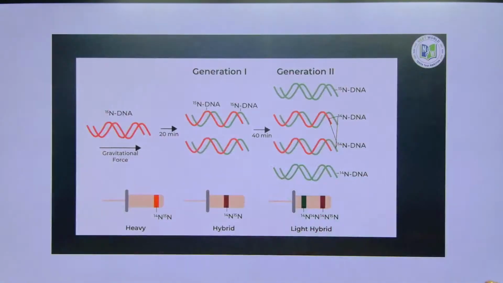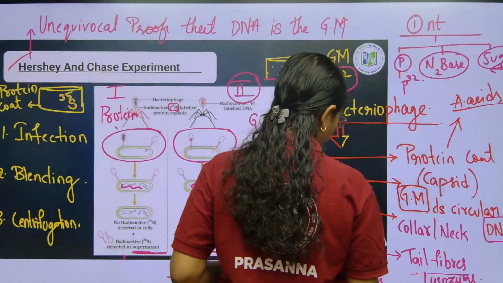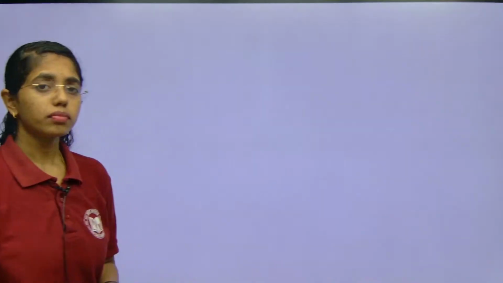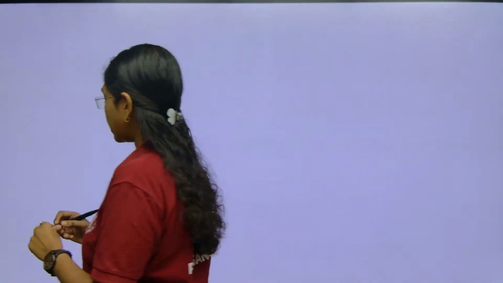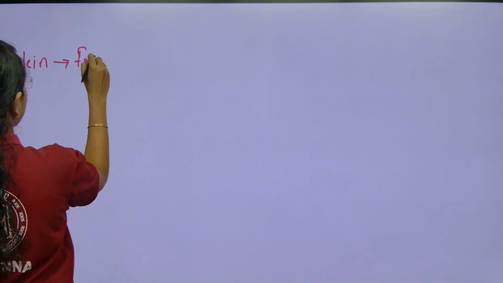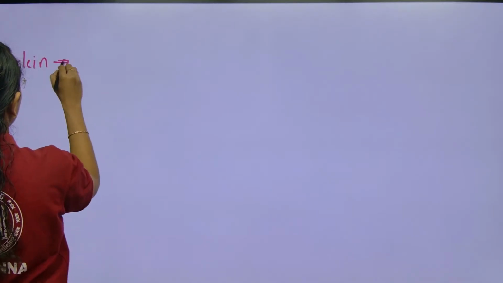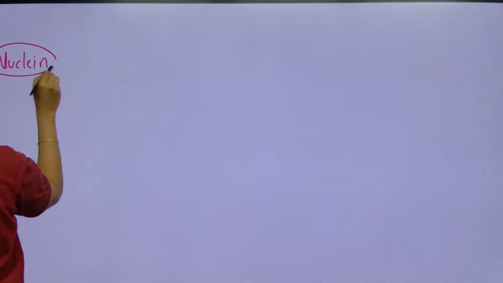Now when we have to discuss replication, there are 3 modes of DNA replication from the central dogma of molecular biology. First, nuclein is present inside the cell, which is the acidic substance, identified by Friedrich Miescher.